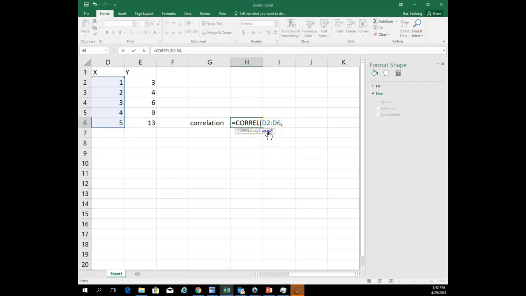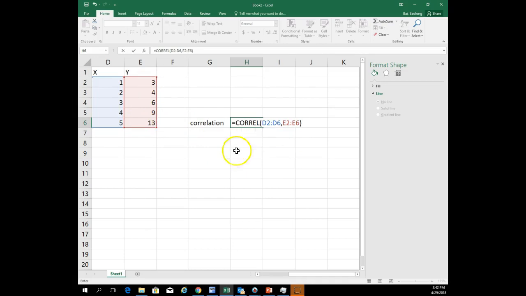Then we're going to put in array2. You can either do the same thing, highlight, or instead you can type. The starting point will be E2, so you type E2 and a colon, following the same format, and then the last value will be E6. You can see the y data range is highlighted for you.